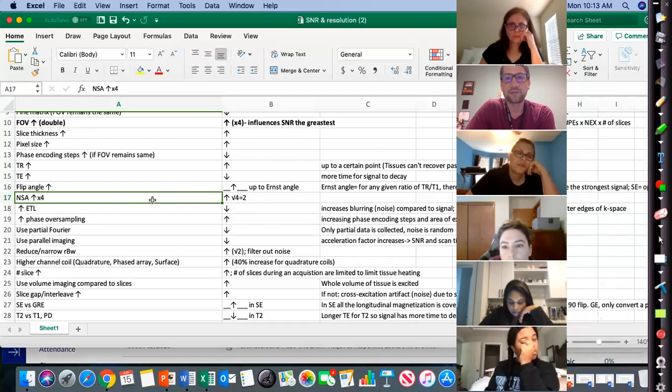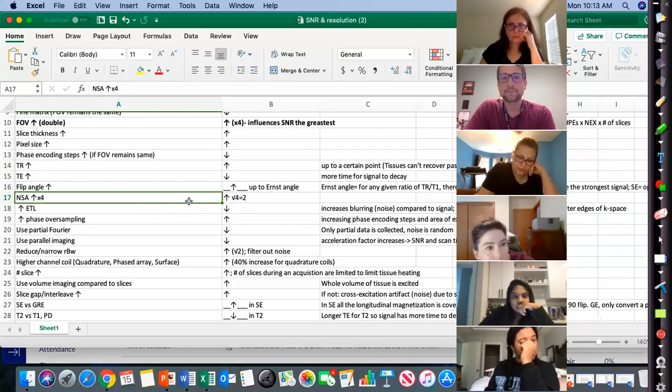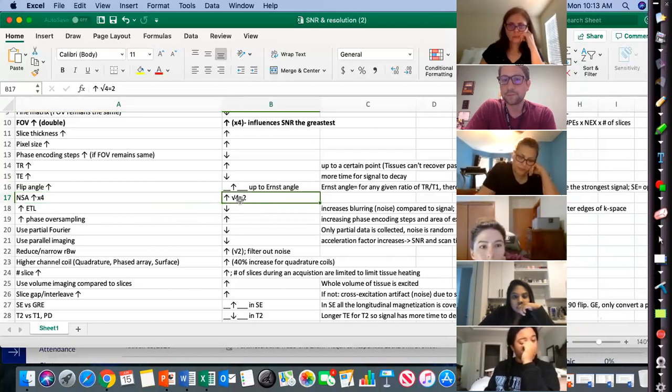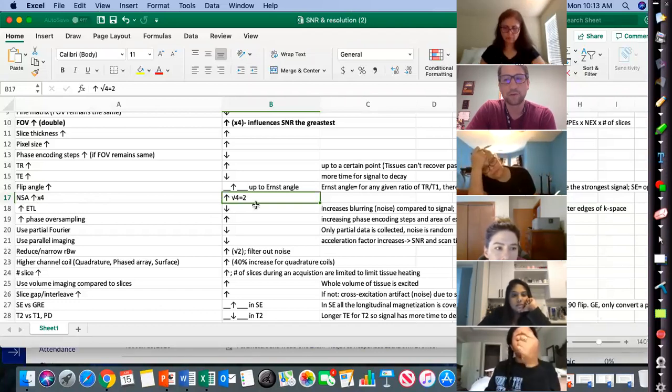All right, the next row, 17. If my NSA increases by 4, what happens to our signal? It's going to double, because it's not going to increase by 4. It's going to increase by the square root of whatever our NSA is. So it is not the most efficient way of increasing your signal.